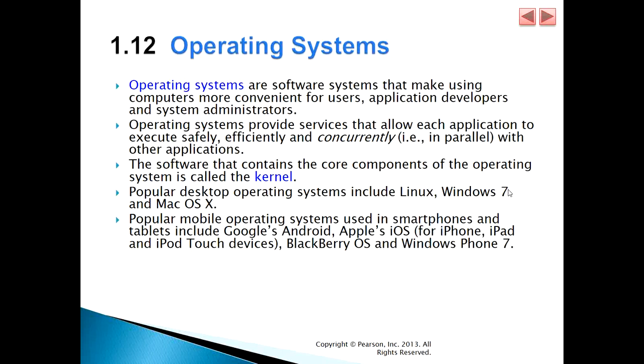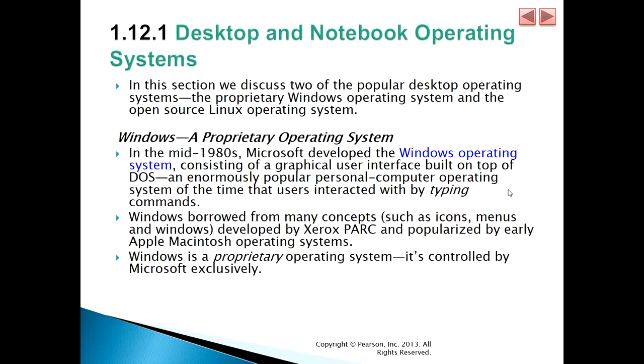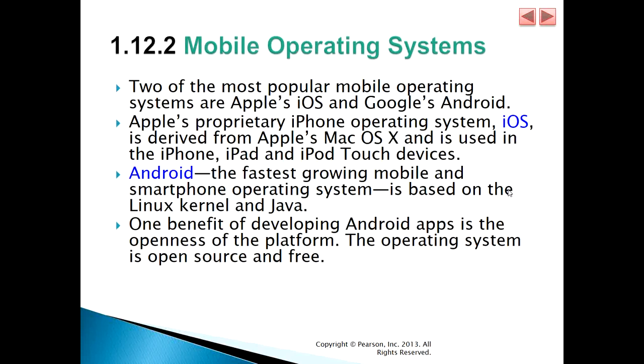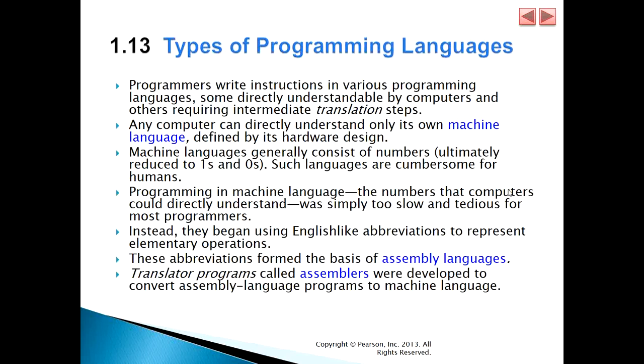So these are not really a big deal. Also, operating systems, like Windows and Linux and Unix and Mac OS and so on, this information is redundant. Also, for mobile operating systems, there are only two right now that we need to know, which are iOS and Android, which you guys already know.